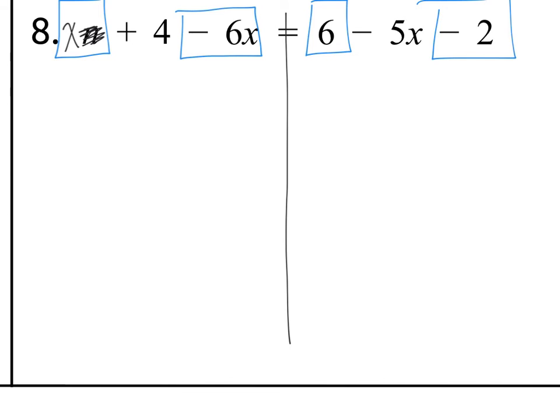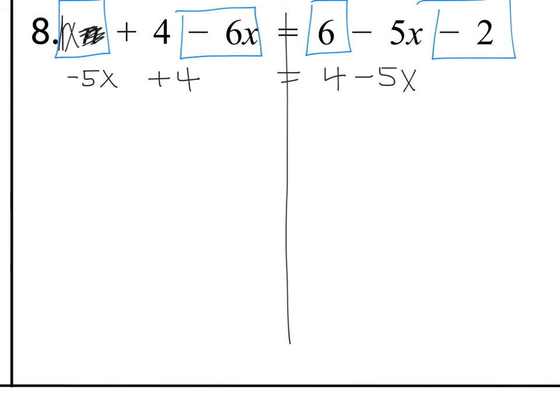So X minus 6X is kind of the same as 1X minus 6X. Negative 5X plus 4 equals 6 minus 2 is 4 minus 5X. Do you have a prediction?